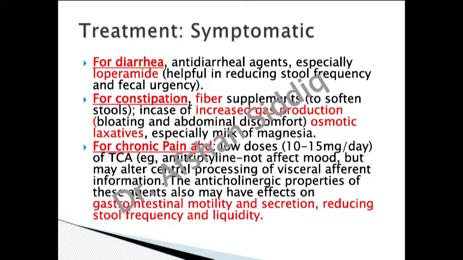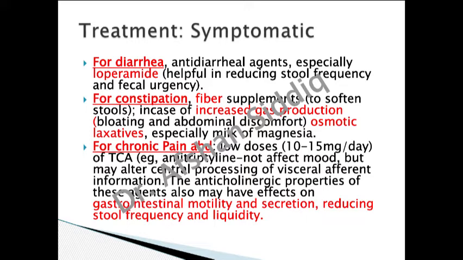For diarrhea, we use antidiarrheal agents, especially loperamide, which helps in reducing stool frequency and fecal urgency. In case of constipation, fiber supplements are used to soften the stool. And in case of increased gas production, bloating, and abdominal discomfort, an osmotic laxative, especially milk of magnesia, is given.